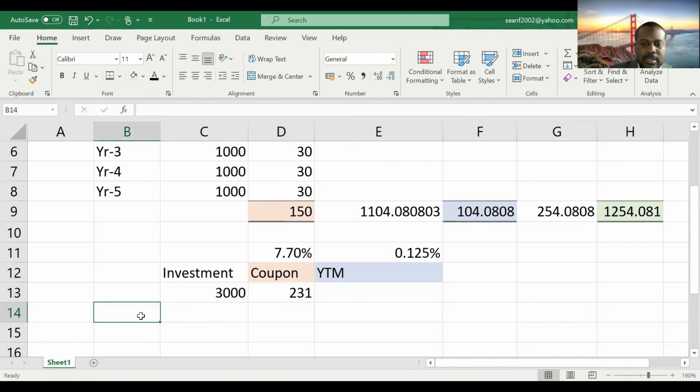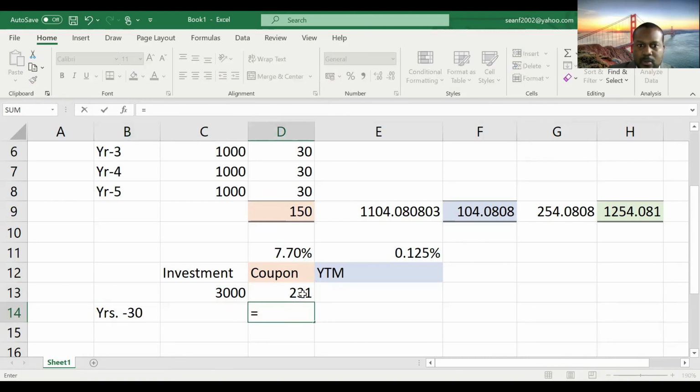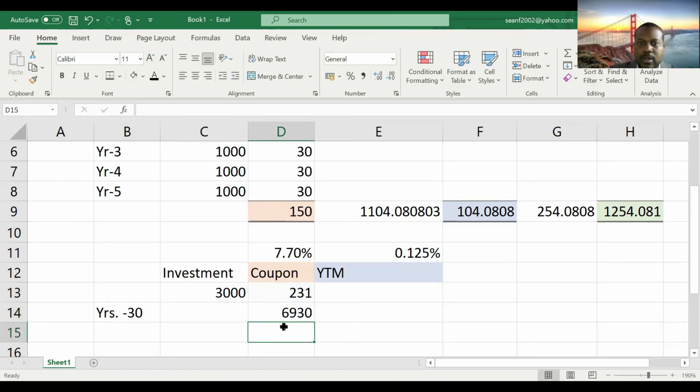And the number of years is 30. So therefore, this times 30 gives us 6,930.